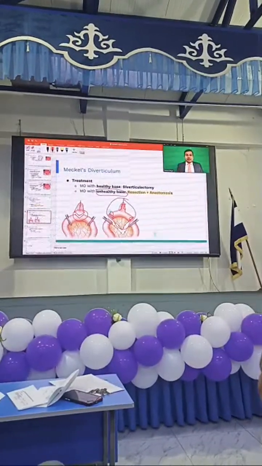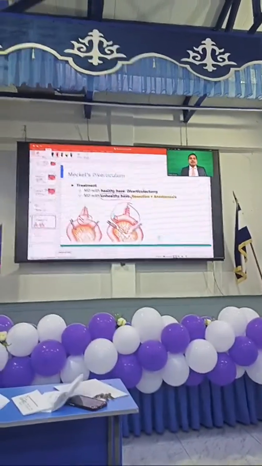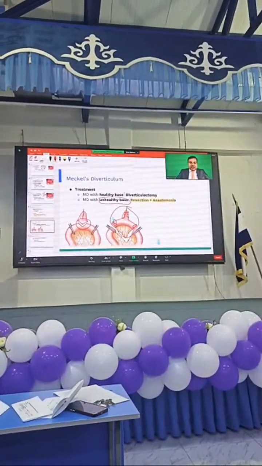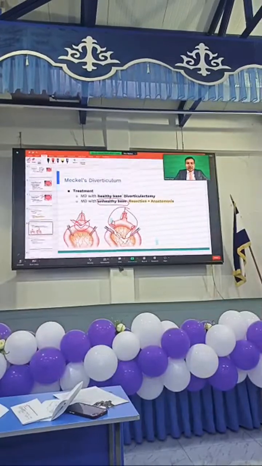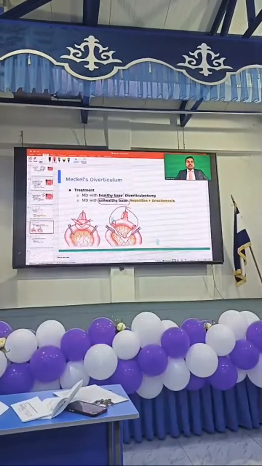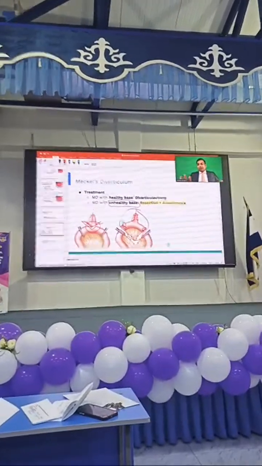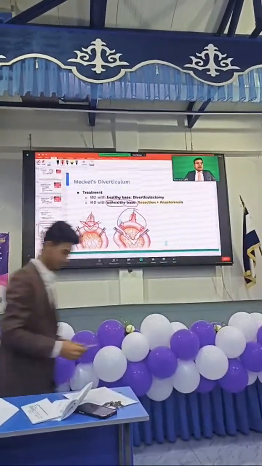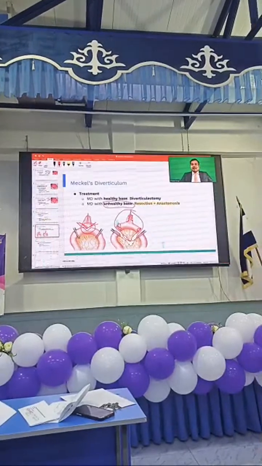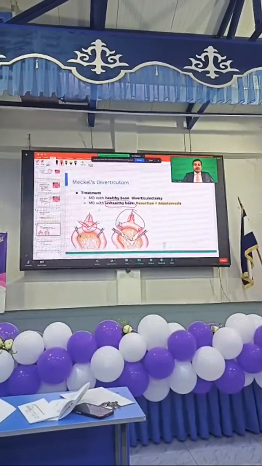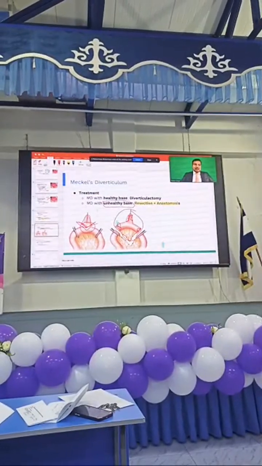On the CBD, choledochotomy. On a fistula, fistulotomy. Got it? So here we are just going to excise the diverticulum, and this is known as diverticulectomy. Clear? Important point: for a diverticulum with a healthy base, we go for diverticulectomy.